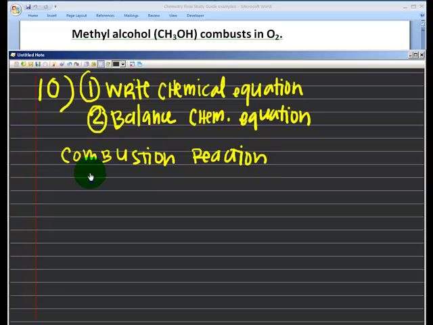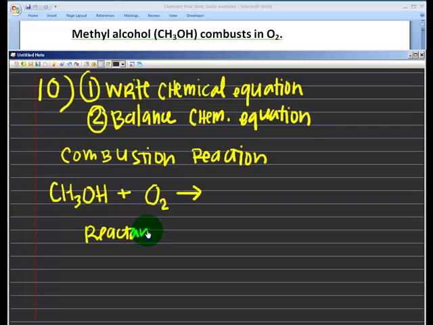So we have our first reactant, CH3OH, which is methyl alcohol, combusts in O2. So we know that these are our two reactants. Remember, reactants are on the left side of our arrow.